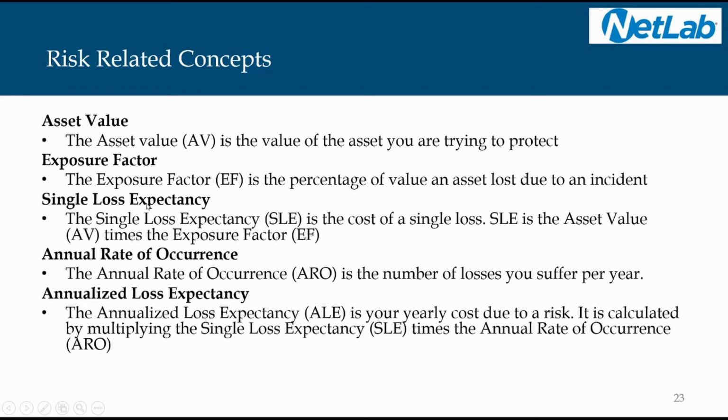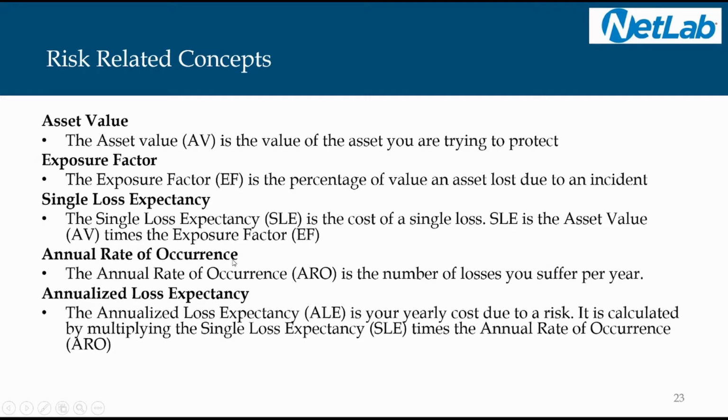Single loss of expectancy. The single loss of expectancy, or SLE, is the cost of a single loss. SLE is the asset value, AV, times the exposure factor. Annual rate of occurrence is how many times it occurred in a year. It is an approximate figure only.